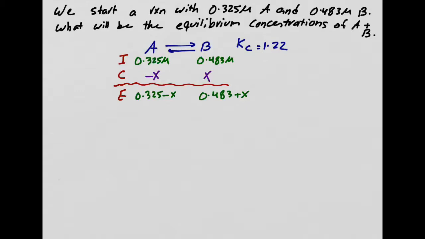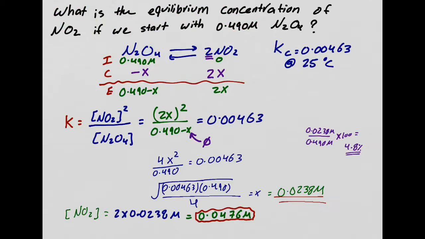But hold on a second. Here's the question. How do I know that this is going to be minus x and this is going to be x? In the previous problem that was obvious because I had nothing but the reactant at the beginning and zero product. So the only option was that this would go away and some of the product is going to form.